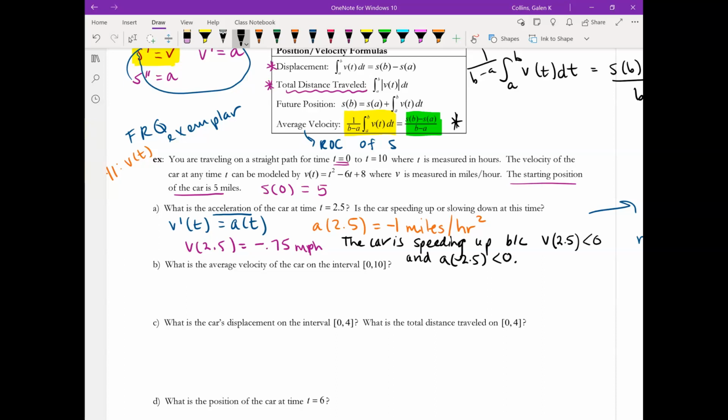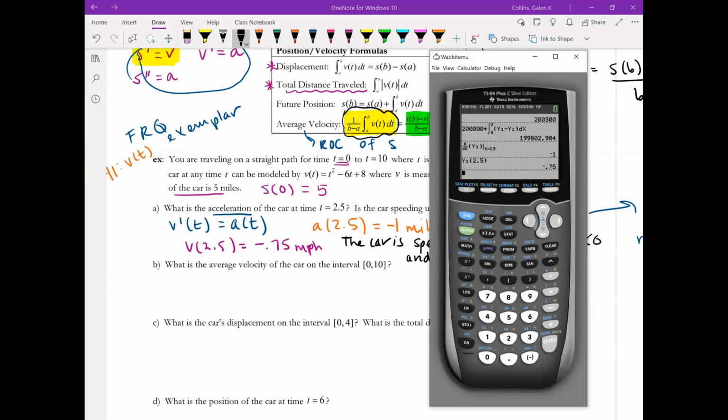All right, part B, what is the average velocity? So like the harder way to do this is we could find an antiderivative of v and do average rate of change. The easier way is to just use the average velocity equation. So the average velocity of a car on the interval from 0 to 10 is going to be 1/10.